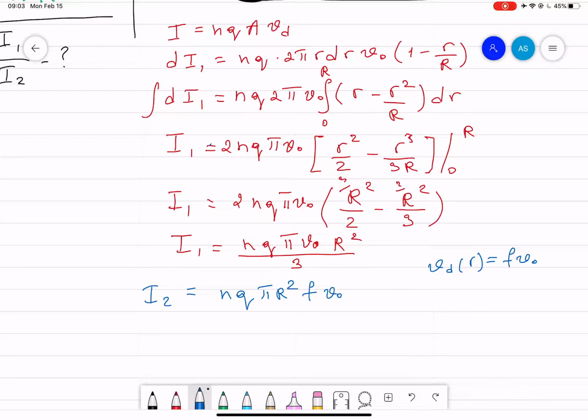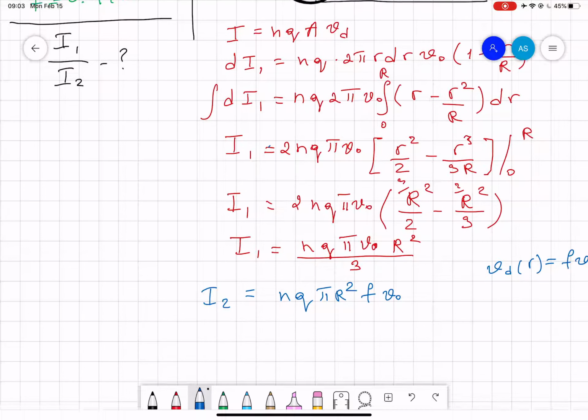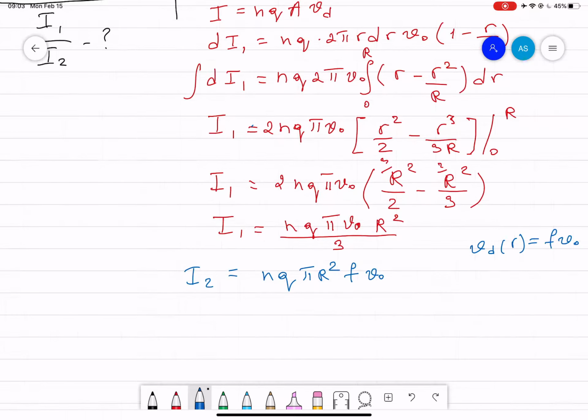Then finally we have to find I1 divided by I2, correct?